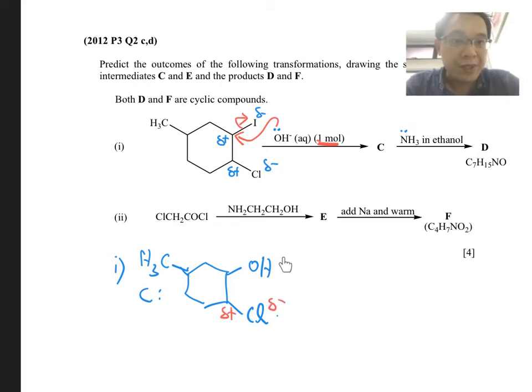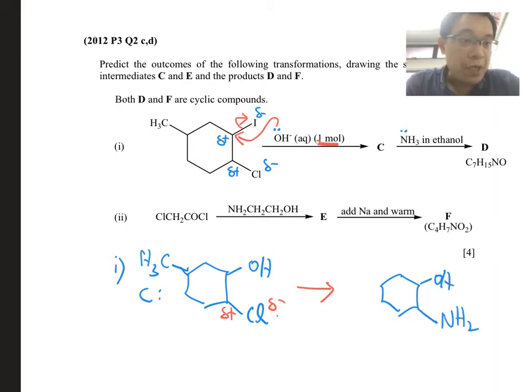Of course, so you can do the attack and kick away the Cl. So from here, you should be able to form the target product. So I'm going to draw out the structure. This is how the structure will look like: OH, then followed by NH2. And what's the reason? Because every time you use NH3 to attack, you always lose one H. Then don't forget your CH3. And this will be your compound D, the target molecule of D.